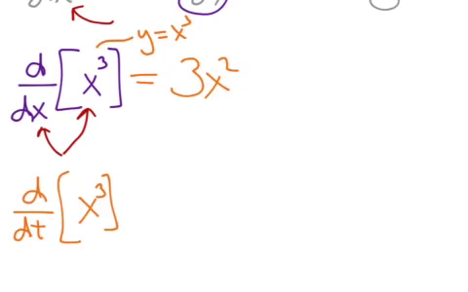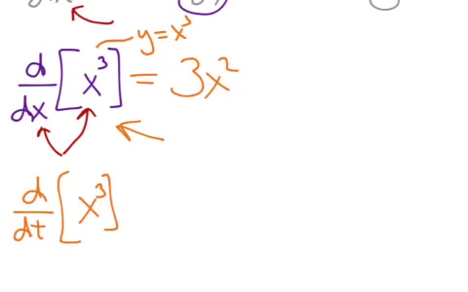If you look up here in the previous example where the x cubes matched, x was my input, x cubed was my output. But down here, t is my input, and x cubed is my output. There's a disconnect there because I don't see exactly how t is being used in the expression x cubed to generate the output x cubed.